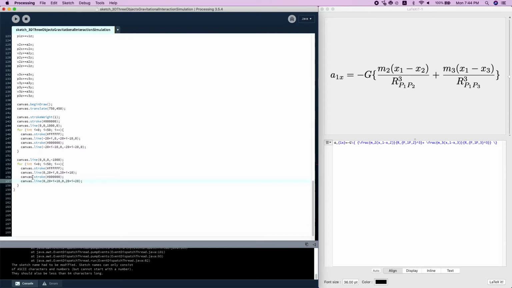And now, this part is the quite complicated part. That's going to be our z-axis. First of all, I'm going to give it a slightly lighter color.